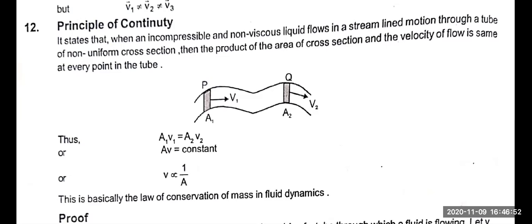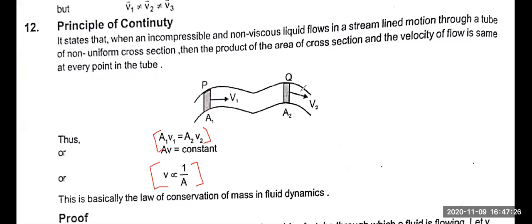So I can say that A1 into V1, area into velocity at this point, is equal to A2 into V2. I hope all of you understood this according to your intuition. Makes sense, no?